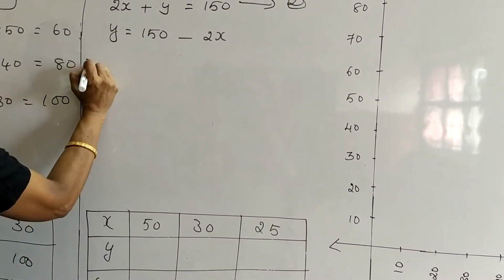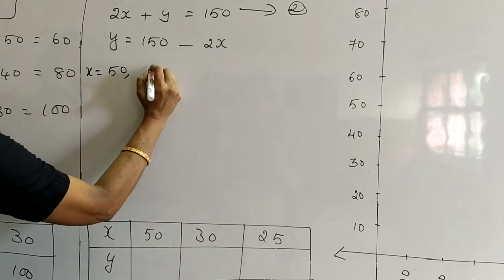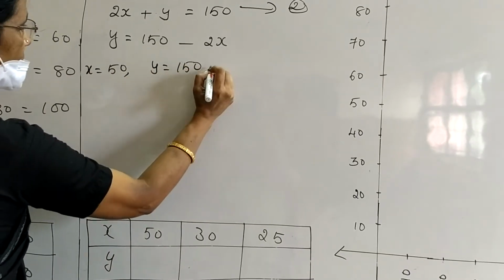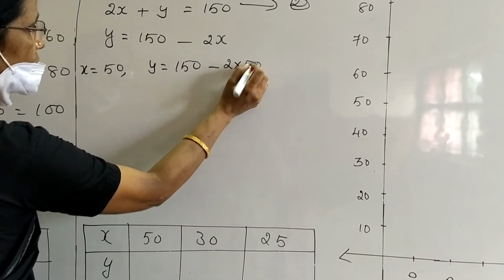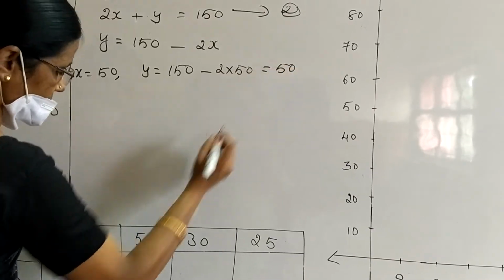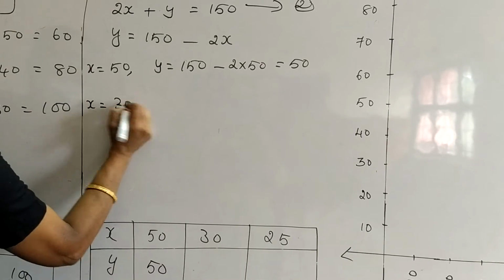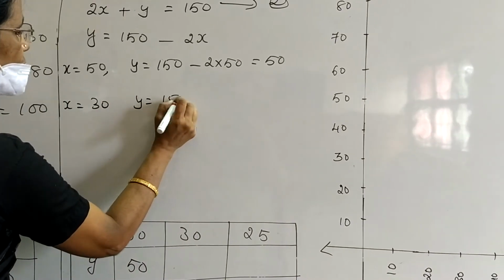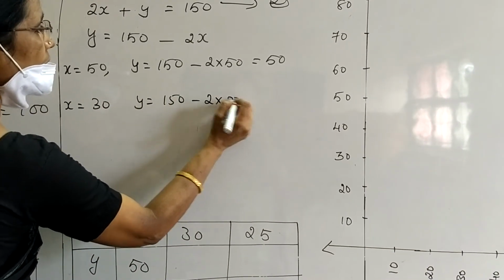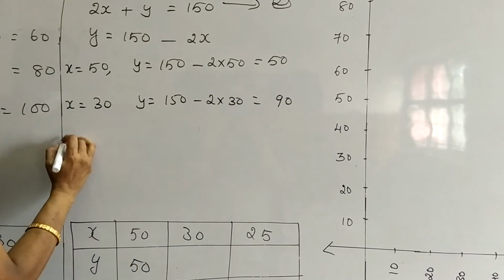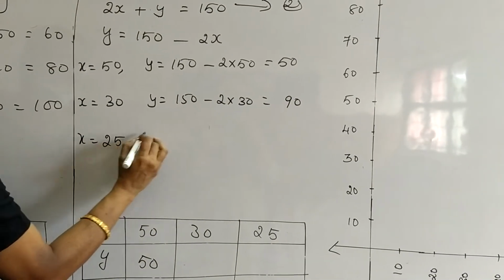So I consider x is equal to 50 first. I get the corresponding value of y: 150 minus 2 into 50 becomes 50. Then I take x is equal to 30. Y is equal to 150 minus 2 into 30 becomes 90. Then x is equal to 25 I have taken.